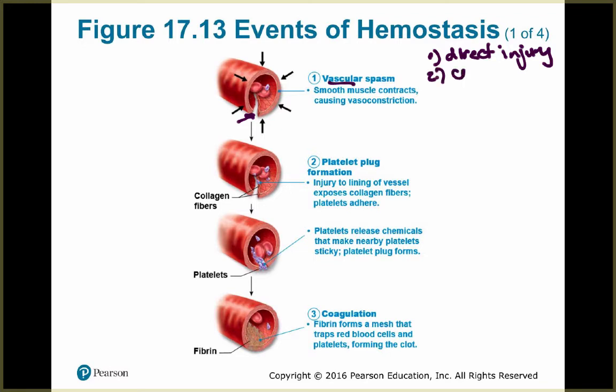From here, chemicals are released by the endothelial cells and platelets, and you can also have pain reflexes that activate the spasm. This is most effective in smaller blood vessels.